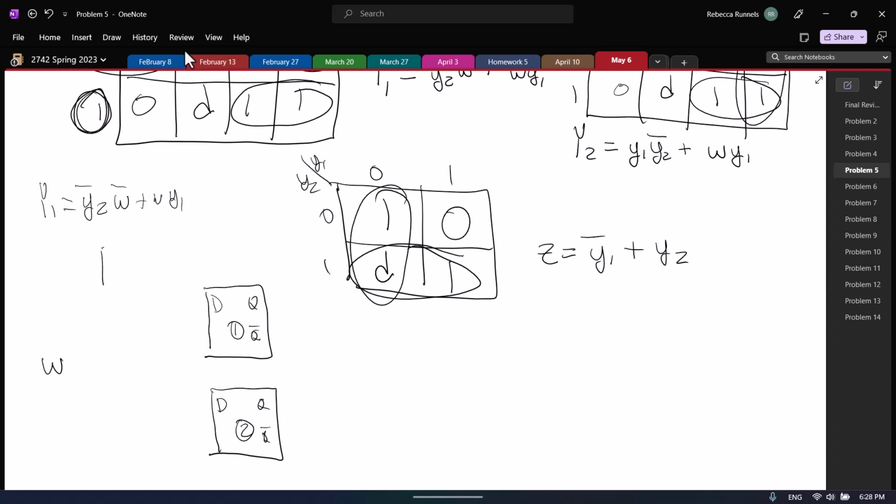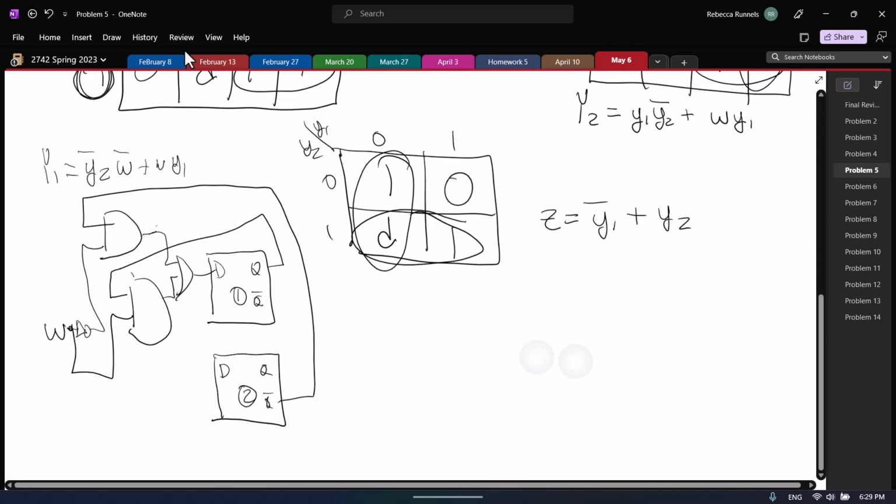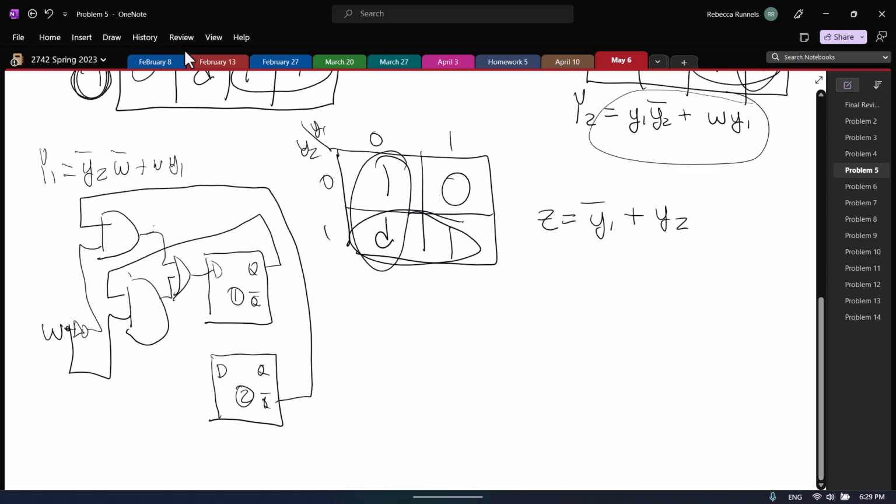So this is an AND of W bar and Y2 bar, and that is ORed with the AND of W and Y1, and that's my input into Y1, and Y2 was over here.